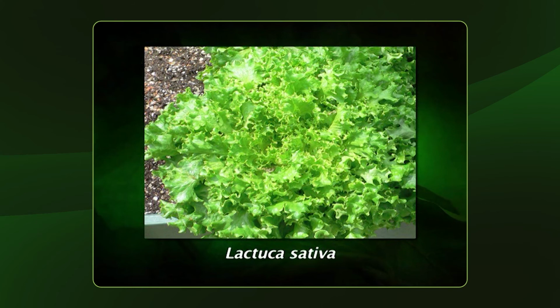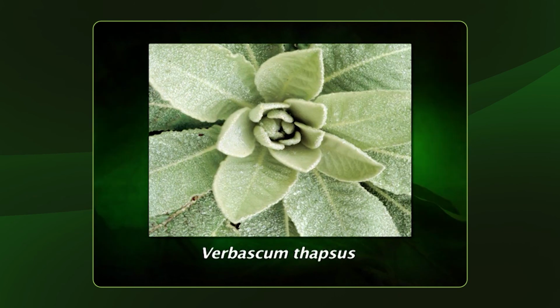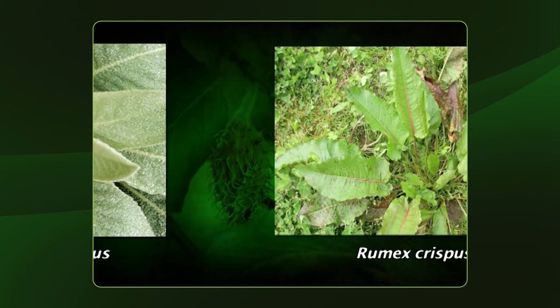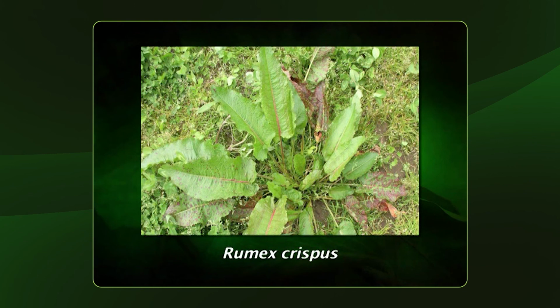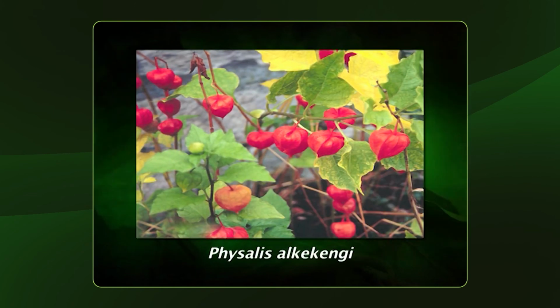Seed germination in grasses, Lactuca sativa, Senecio madagascariensis, Verbascum thapsus, Rumex crispus, Lythrum salicaria, and Physalis alkekengi, etc., is positively influenced by exposure to light.